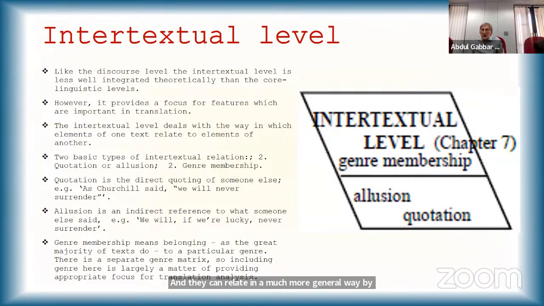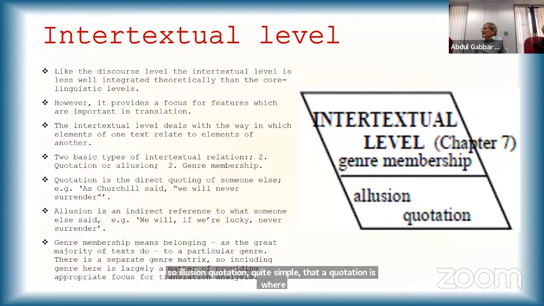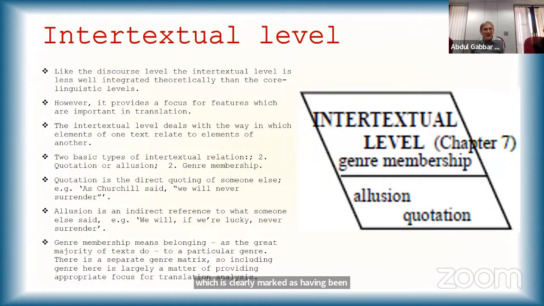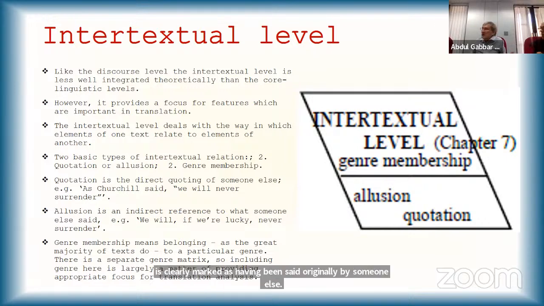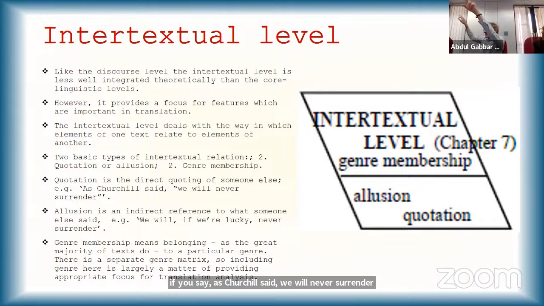Okay, so allusion and quotation, quite simple: a quotation is where you say something which is clearly marked as having been said originally by someone else. So if you say, as Churchill said, we will never surrender, that's a quotation. It's typically marked by quotation marks in English and in Arabic.